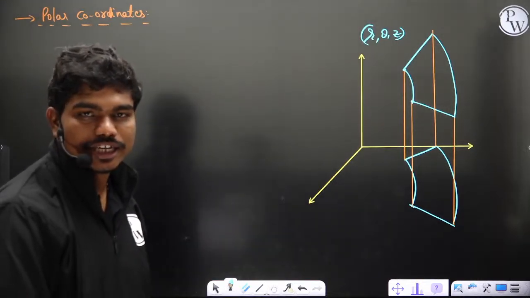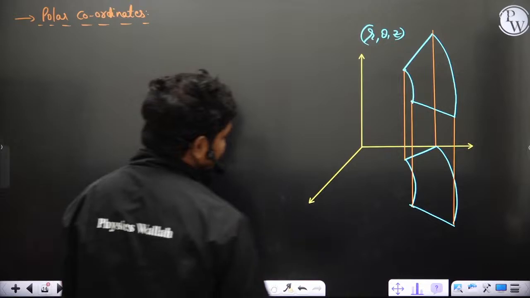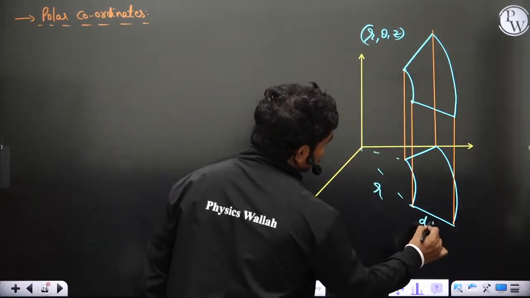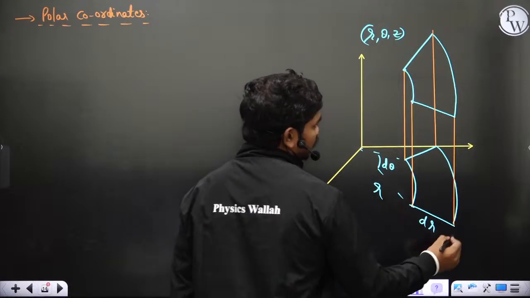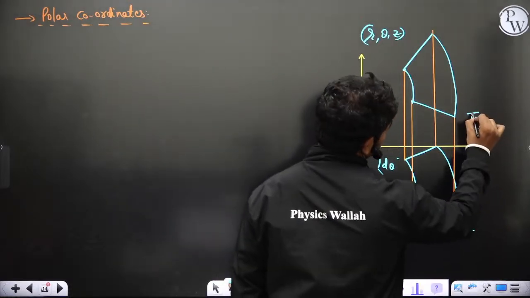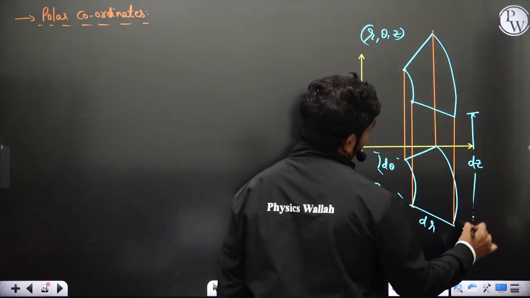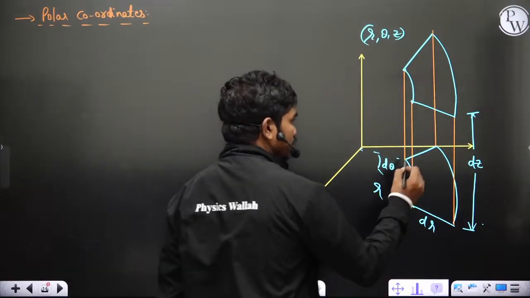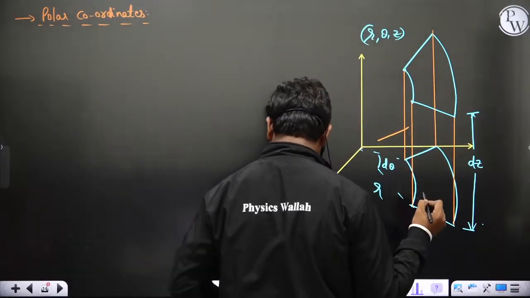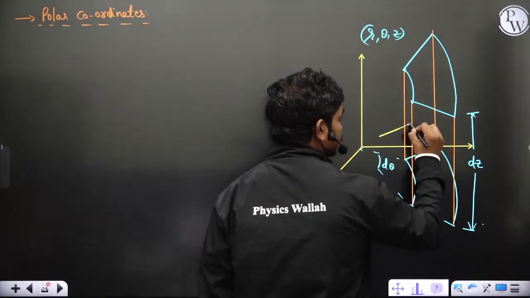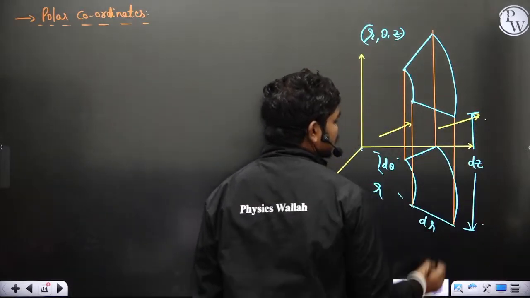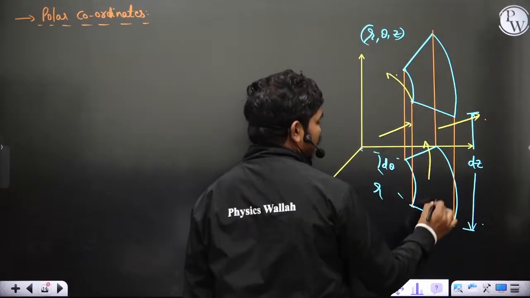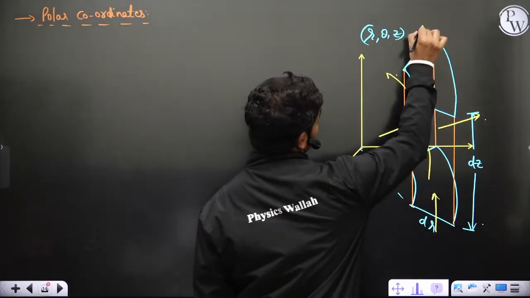So you can see this radius at any time is r, this is dr, and this is dθ, and this elevation is dz. Now mass will flow in the radial direction like this, and it will come out like this. Similarly, it enters this face and comes out of this face, and it enters the bottom face and comes out of the top face.